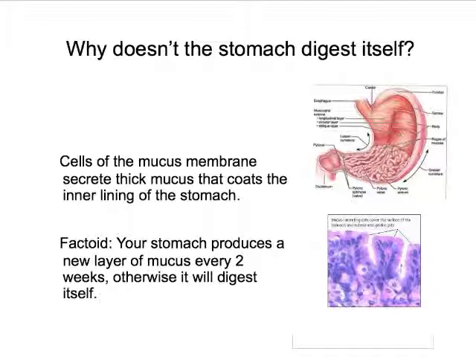Well, lucky for us, the stomach has been created to secrete mucus, okay, a big thick mucus membrane that coats the inner lining of the stomach. So we've got these cells here within the rugae of the stomach that are going to secrete mucus and kind of give it a big old thick layer of protection.